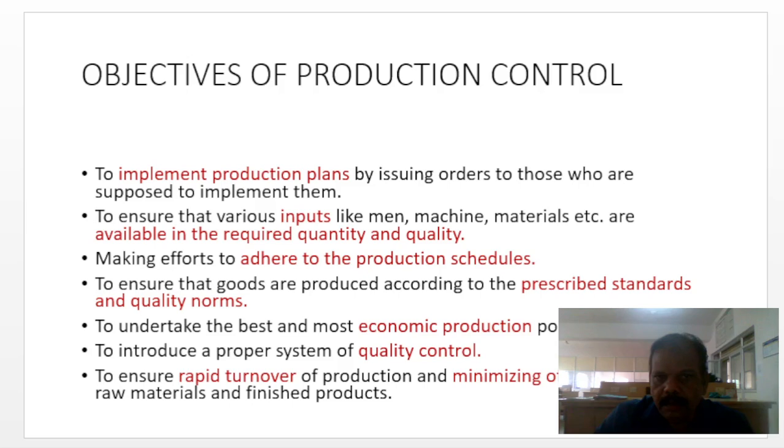Production control is used to implement production plans by issuing orders to those who are supposed to implement them; to ensure the various inputs like men, machines, materials, etc. are available in the required quantity and quality, making efforts to adhere to the production schedules; to ensure the goods are produced according to the prescribed standards and quality norms; to undertake the best and most economical production policies; to introduce a proper system of quality control; to ensure rapid turnover of production and minimize the inventories of raw materials and finished goods.